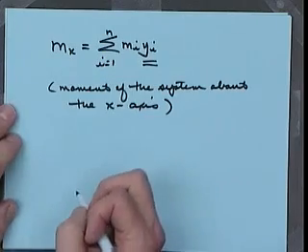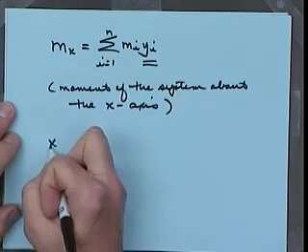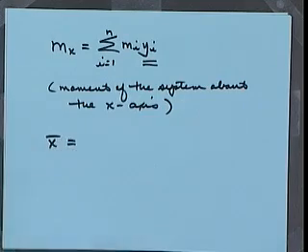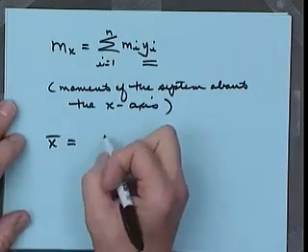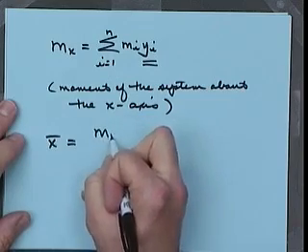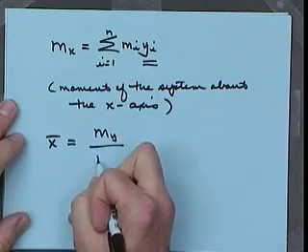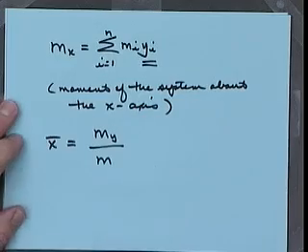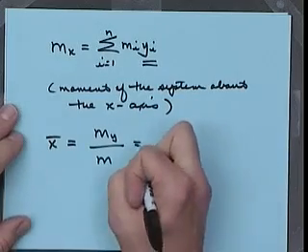All right, so if we want x bar in this two-dimensional situation, we want to take M sub y and divide it by the sum of all the masses, the mass of the system.